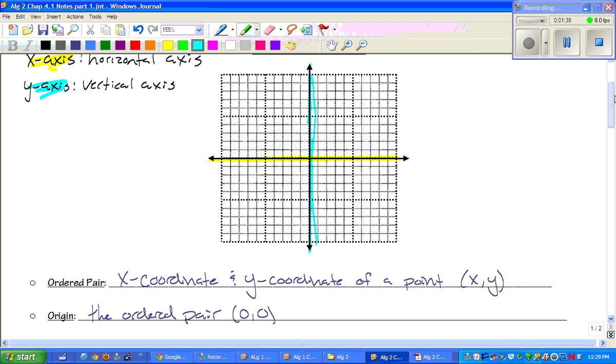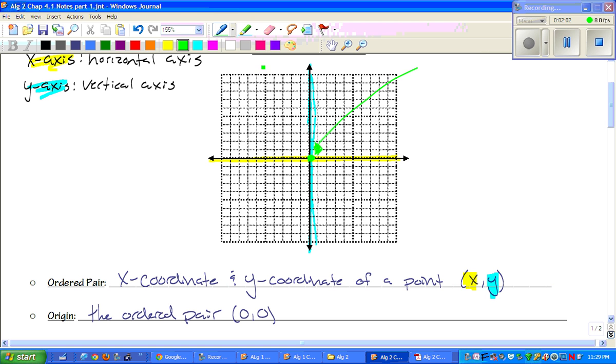An ordered pair is a point, okay? And that point has an x number and a y, and it kind of tells us where to go. And right in the middle, the origin is 0, 0. So 0, 0, right there where everything comes together.